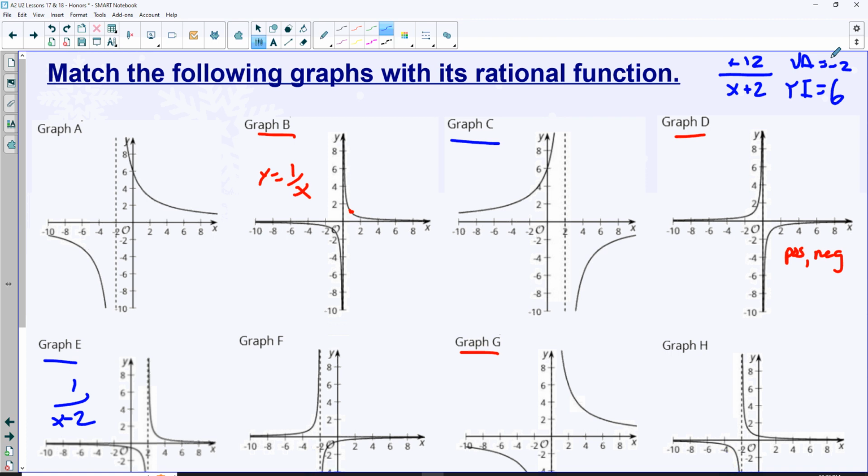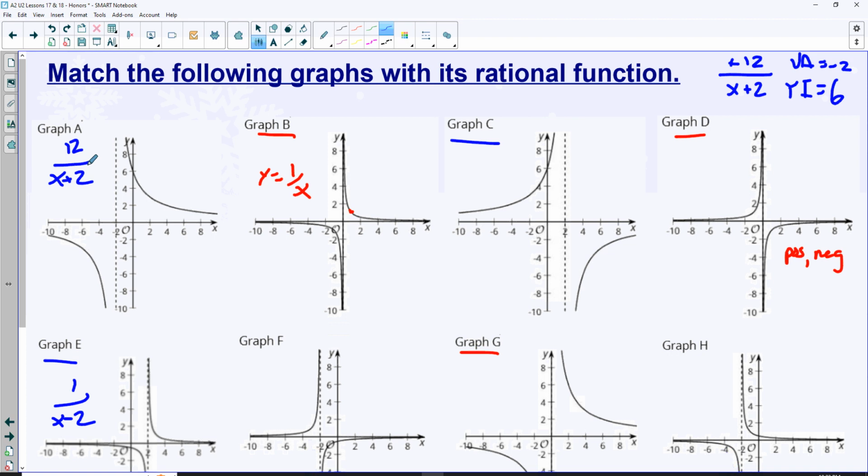So which graph has a vertical asymptote of negative 2 and a y-intercept of 6? It looks like it's not H, it's not F, it's A. 12 over x plus 2. Okay? And there's a few of them, and you can certainly use the functions and match up the rest of them if you like. Perfect.